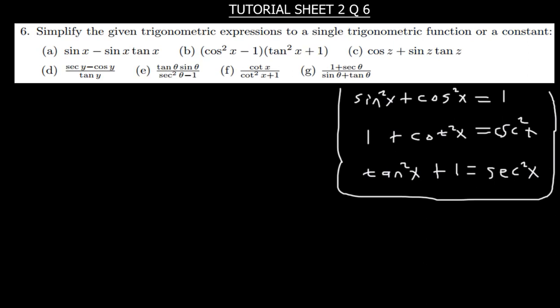Question B. So B is saying cos squared x minus 1. Let me write it here. So this is B. Try to make cos squared x minus 1 from this expression.